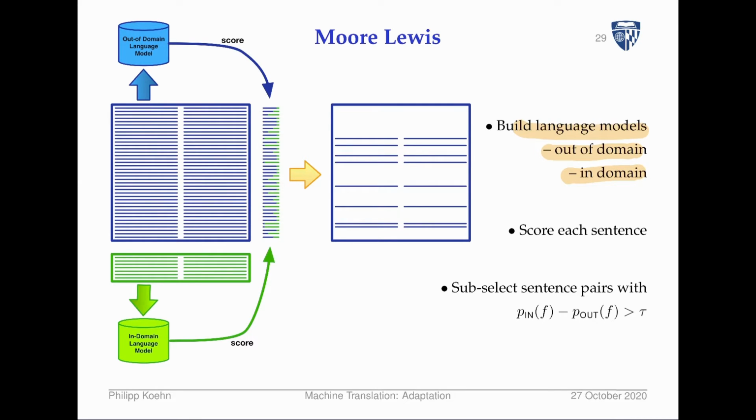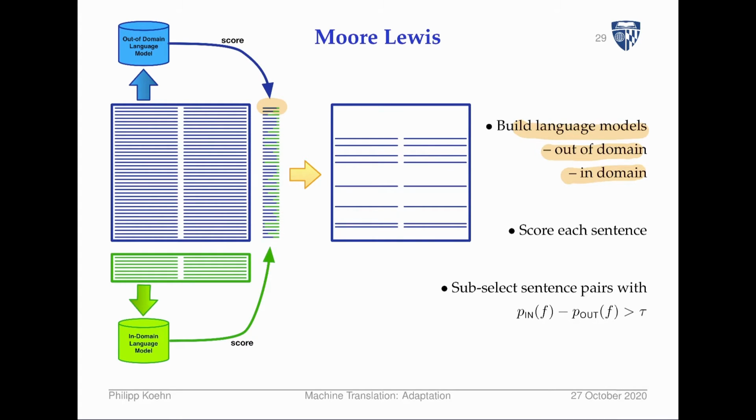And then you can look at each sentence and score it with the out-of-domain and the in-domain model, and figure out: is this a sentence that is preferred by the language model trained on the in-domain data, or by the language model trained on the out-of-domain data?